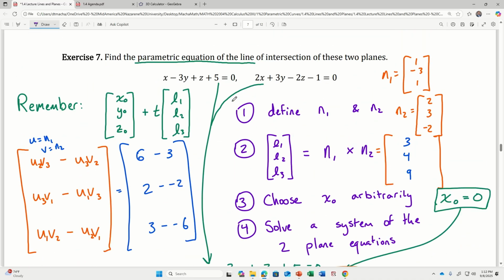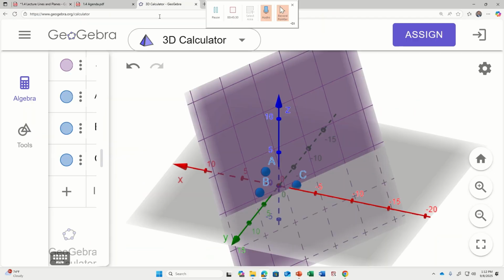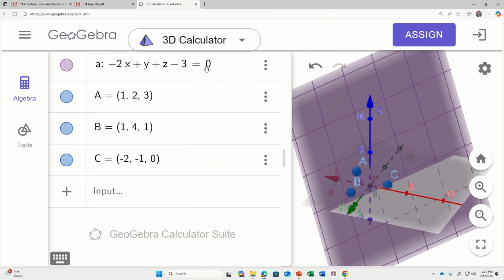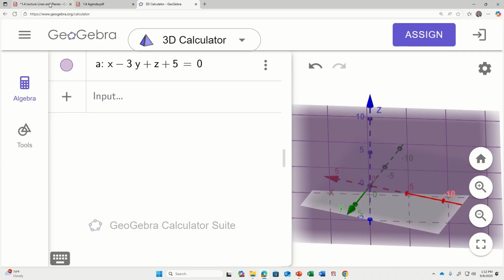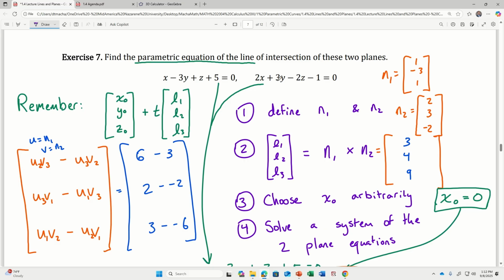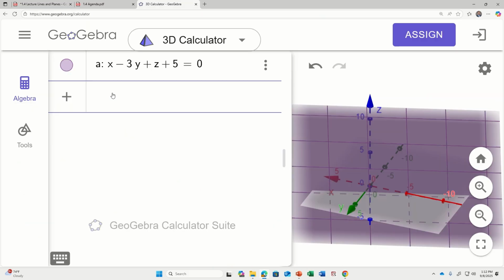So to check your answer, let's try this. X minus 3y plus z plus 5. And my next plane was 2x plus 3y minus 2z.